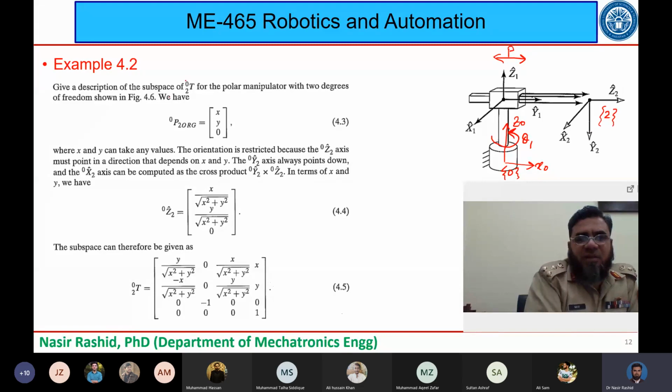So in fact I am interested in finding the transformation which can give us 2 relative to 0 for the polar manipulator with 2 degrees of freedom, which is shown here.